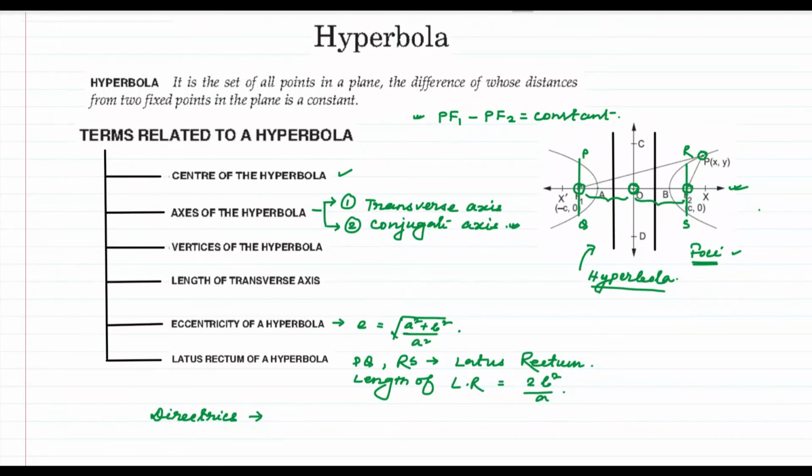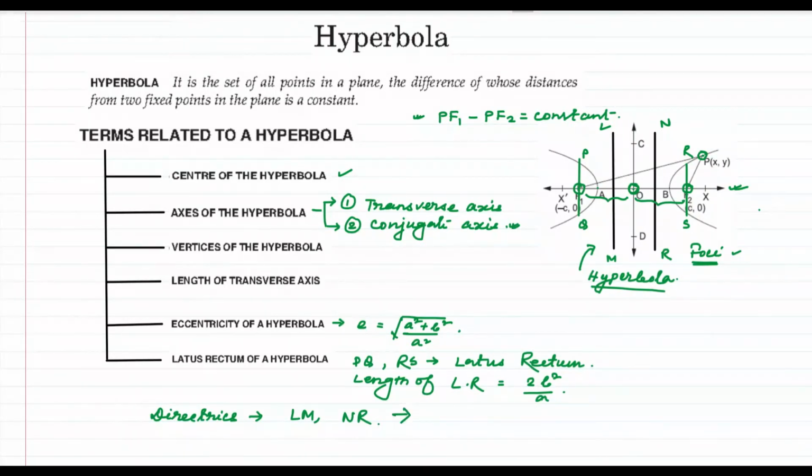So there should be two directrices. If I give the names LM and NR, these are the two directrices.